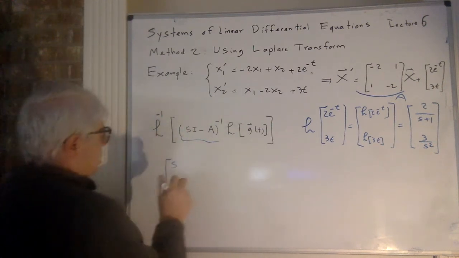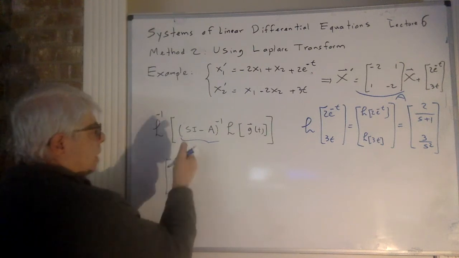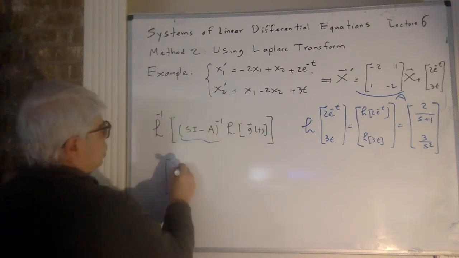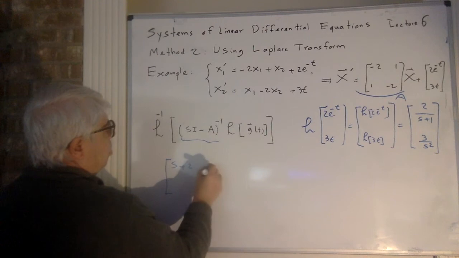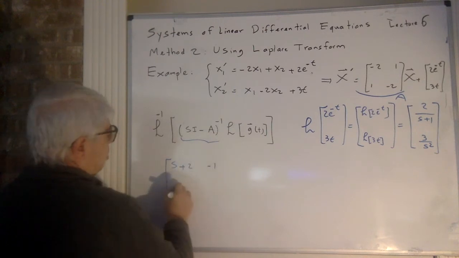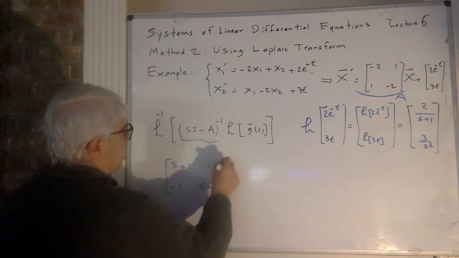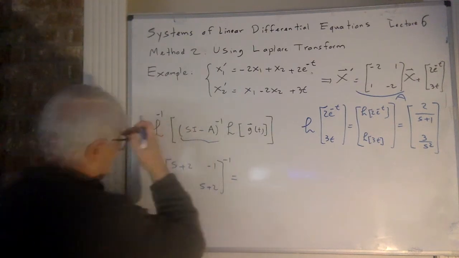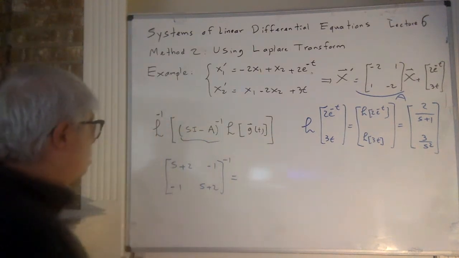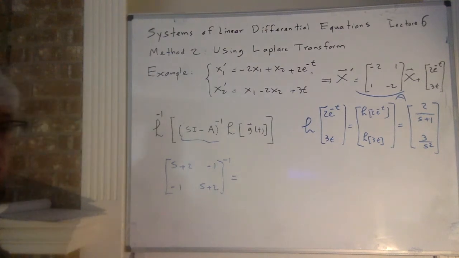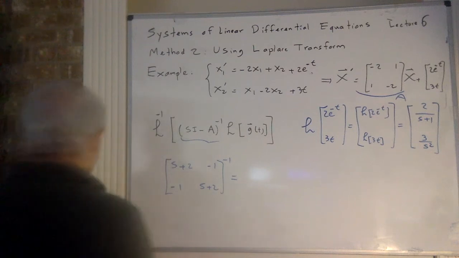Be careful, this is s minus that, so it's s plus 2, minus 1, minus 1, s plus 2, inverse. Now recall the inverse of a 2 by 2 matrix. If you just know how to find the inverse of a 2 by 2 matrix, you're okay, that's all you need.